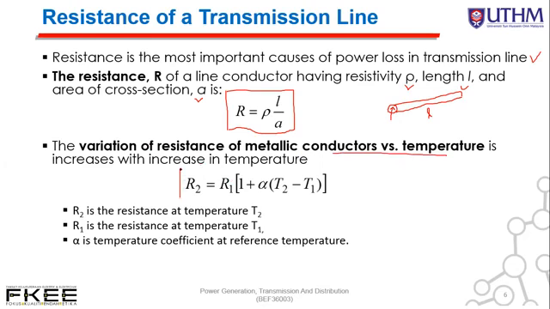The formula for the resistance at a different temperature is R2 equals R1 times 1 plus alpha times T2 minus T1, where R2 is the resistance at temperature T2, R1 is the resistance at temperature T1, while alpha is the temperature coefficient at the reference temperature.